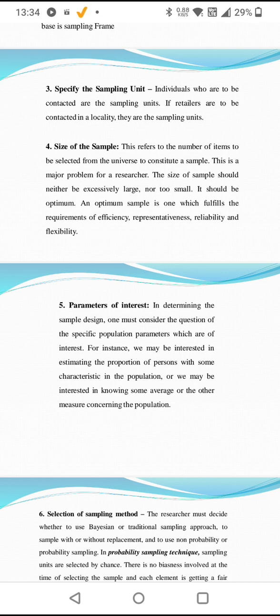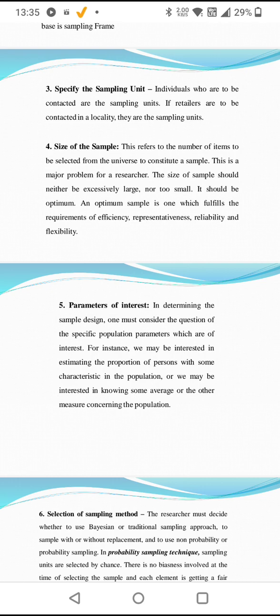For example, we may be interested in knowing some average or the other, in estimating the proportion of persons with some characteristics in the population, or we may be interested in knowing some average or the other measure concerning the population. There may also be important subgroups in the population about whom we would like to make estimates, right? So all this has a strong impact upon the sample design we would accept.